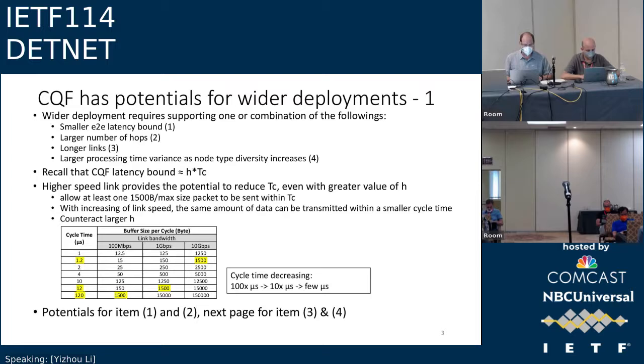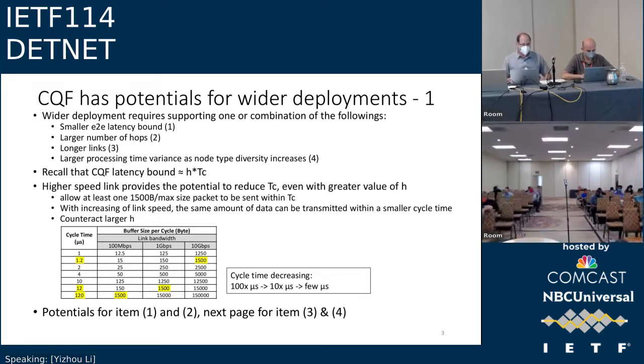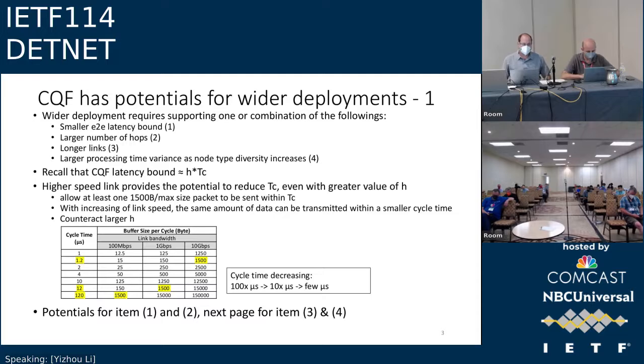It basically shows that when the link bandwidth increases, we can achieve a smaller cycle time in order to send one maximum size packet. So that gives the potential that the cycle interval can decrease from a few hundred milliseconds to a few microseconds. Sorry, a few microseconds. So we are seeing that the potential for items 1 and 2 basically can be achieved. So let's talk about items 3 and 4, which are the longer links and the larger time variance.